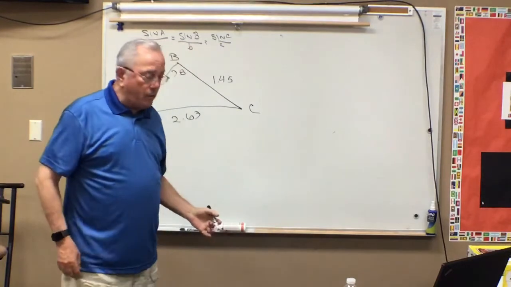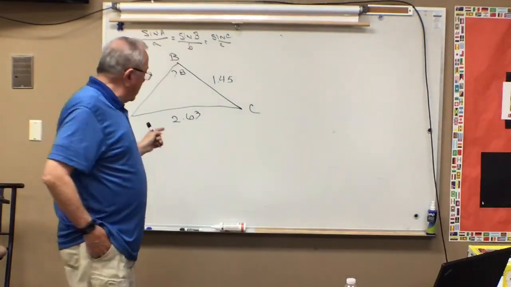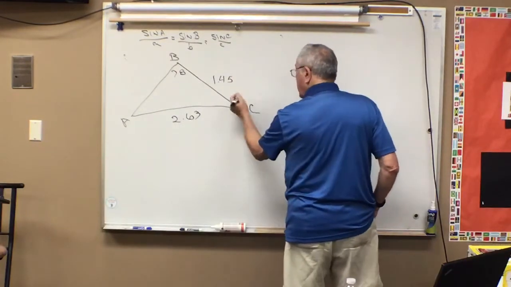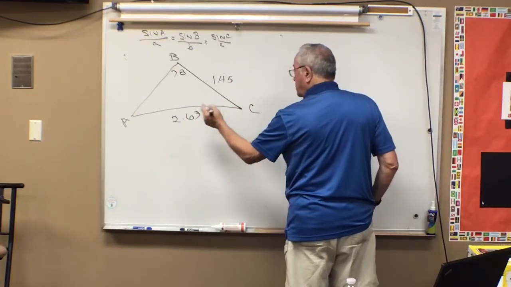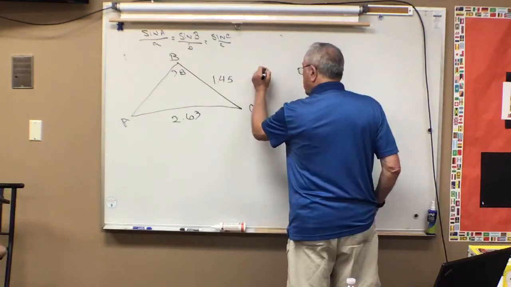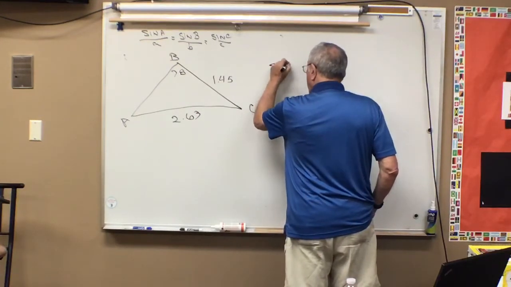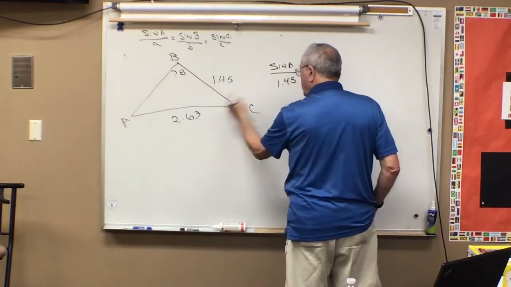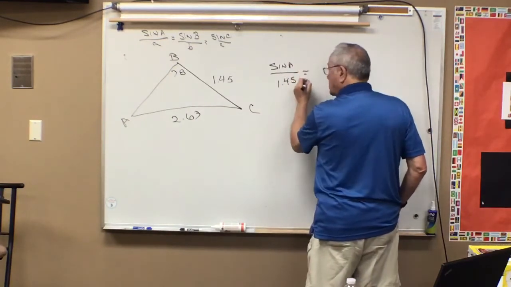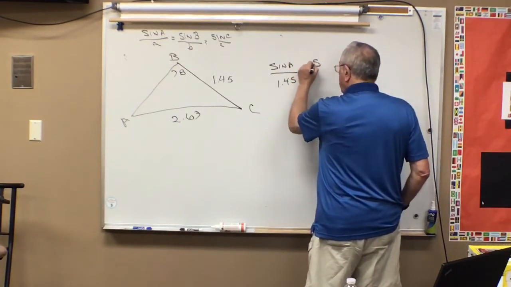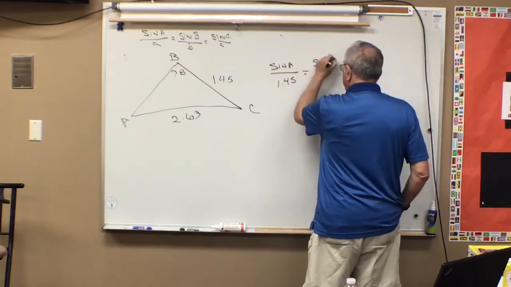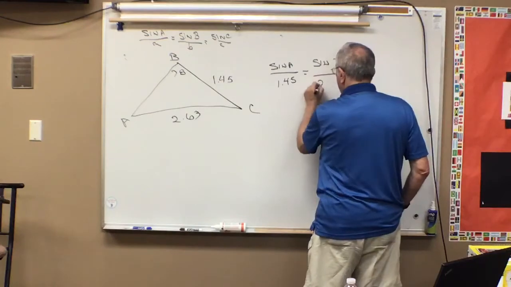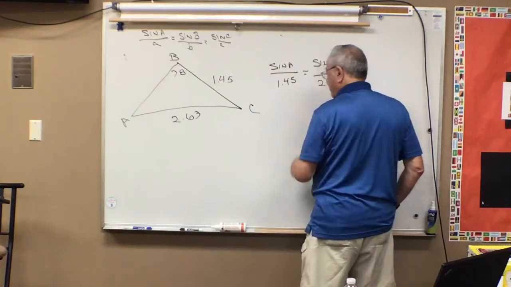So we've got everything we need, but now we're going to solve for A, aren't we? So I know the sine of A over 1.45 equals the sine of 78 over 2.63.